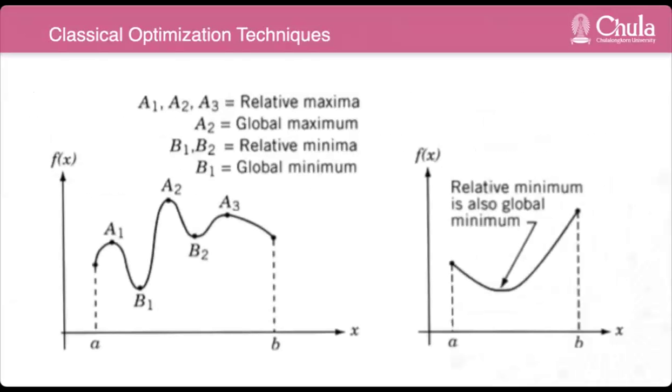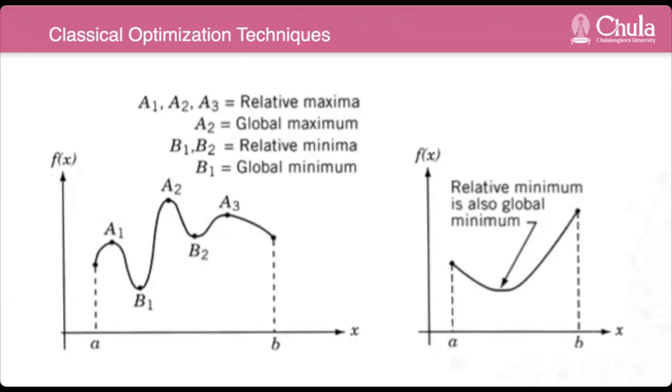Now consider this. Let's say our domain is from A to B. So A1, A2, A3 are relative maxima or local maxima, right?